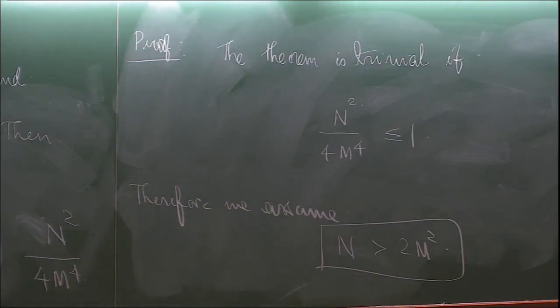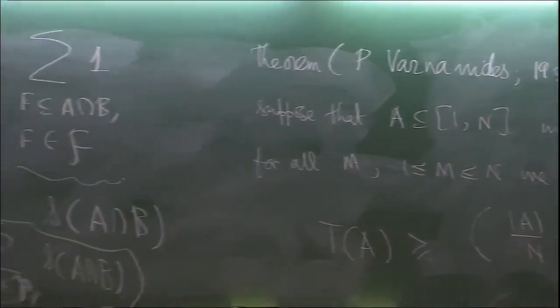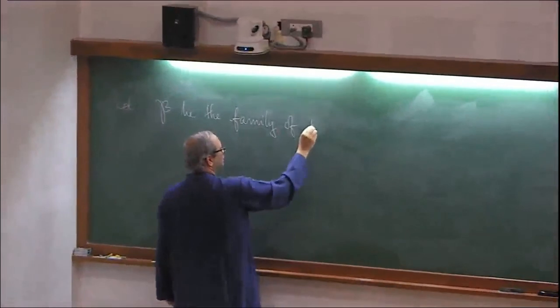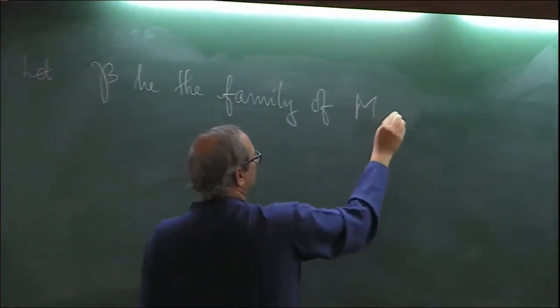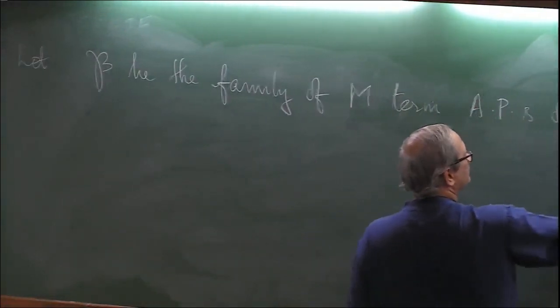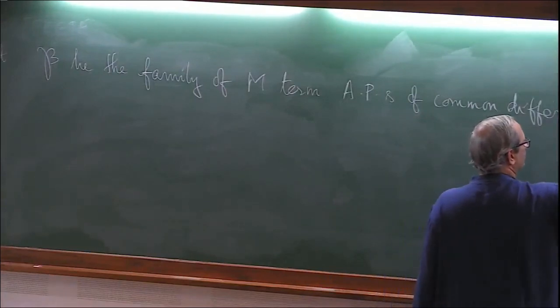So let B be the family of m-term arithmetic progressions of common difference d less than or equal to k.